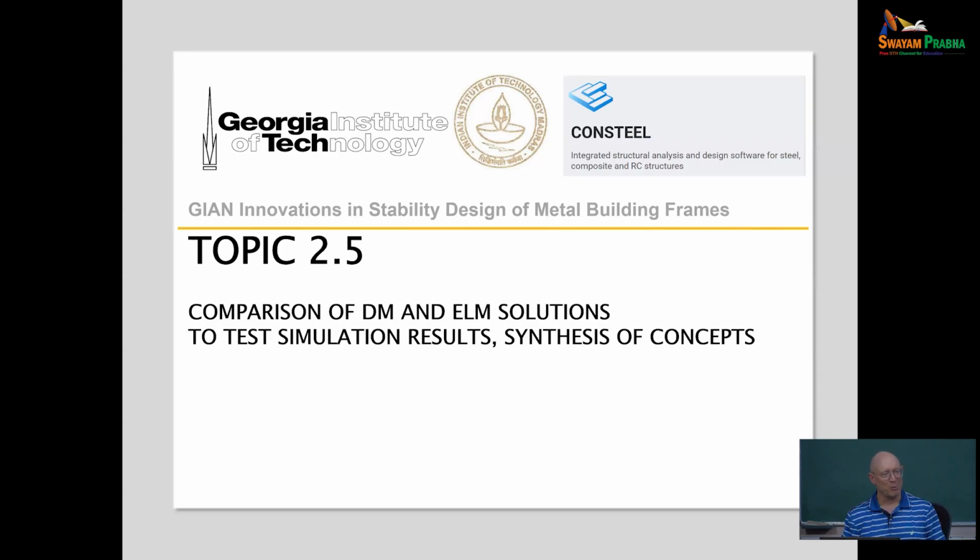Some important takeaways there in terms of how the direct analysis method works, how the real frame works for this very sidesway stability critical frame, versus, well, if we're using the effective length method, we can still get the frame, it still will work to a certain extent, but the effective length method has its weaknesses for a structure like this.